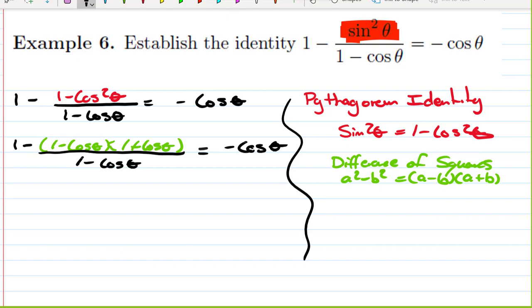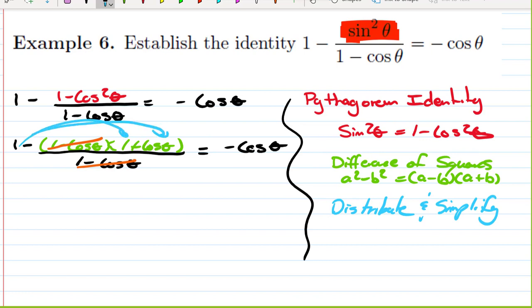So then we get some reduction. So 1 minus cosine and 1 minus cosine reduce out. And then the next thing we're going to do is distribute and simplify. So if we distribute our minus sign into our parentheses, we get 1 minus 1 minus cosine theta. Those two guys cancel out. Equals negative cosine theta. And we're done.